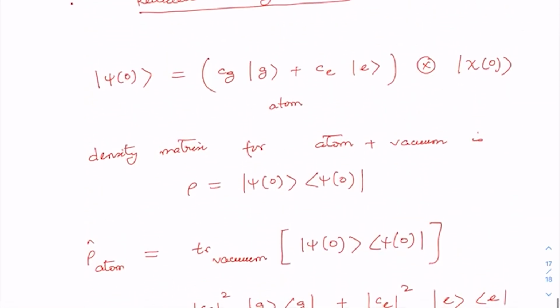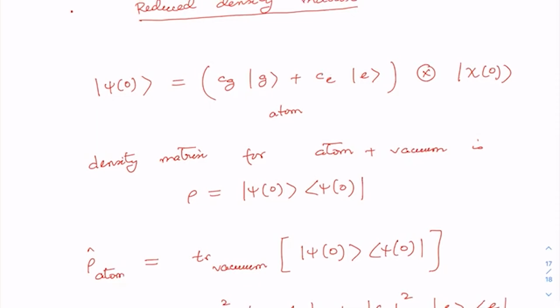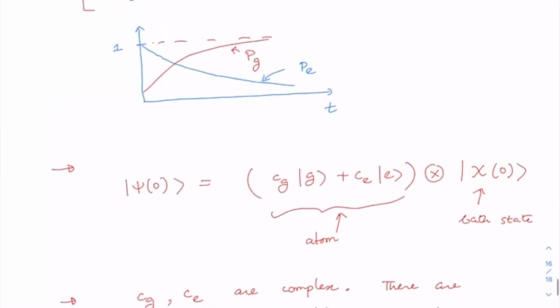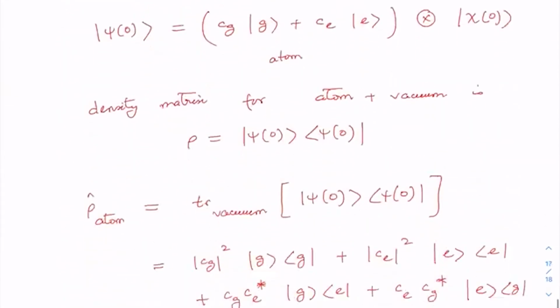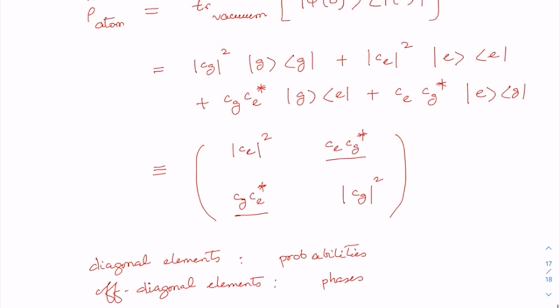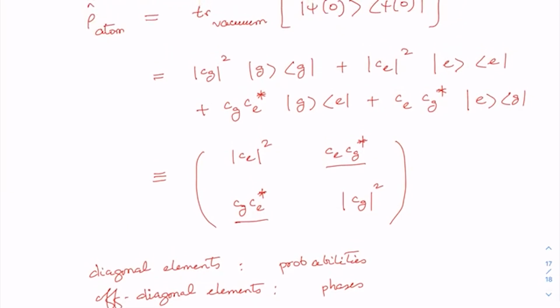The model that we discussed earlier was unable to take this into account, but if we take the density matrix formalism, we get both the information about the probability and the phases, and this is going to be very important.